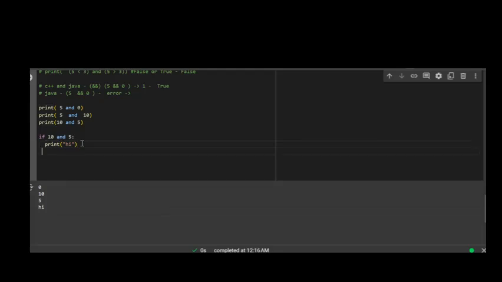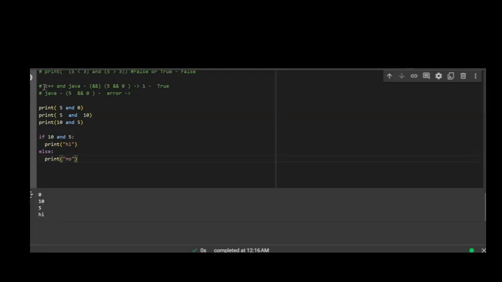Else, if I put an else, it should still print high. So if we put the same thing in a conditional statement, it is taken as true and prints high. But in just a print statement, it returns the last value and prints it.